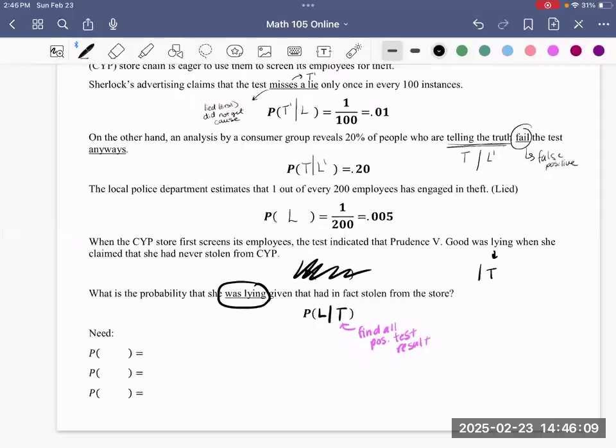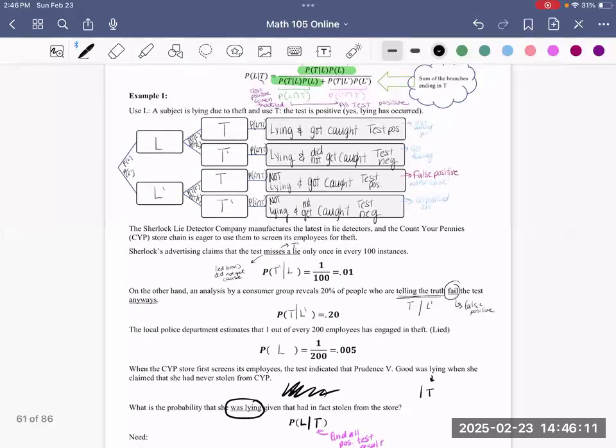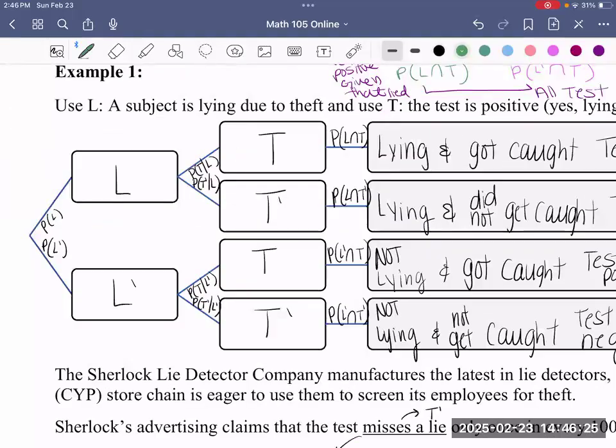So let's look over here and try to fill in the gaps that we have and figure out what we do not have. We have the probability that somebody is lying. That is right here, 0.005. Now, the opposite of a lie is somebody who's telling us the truth.